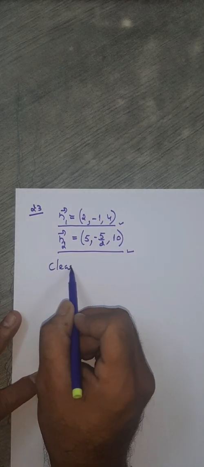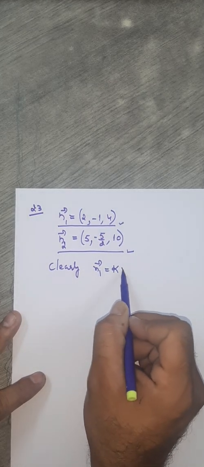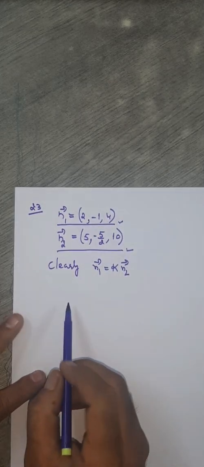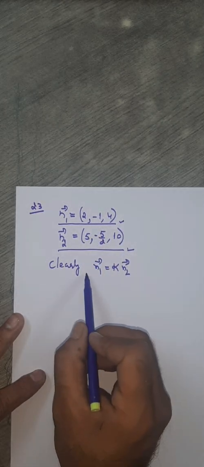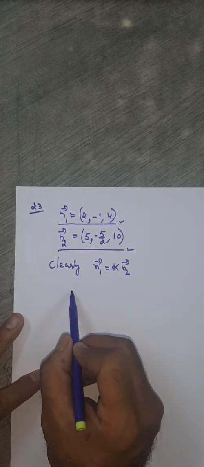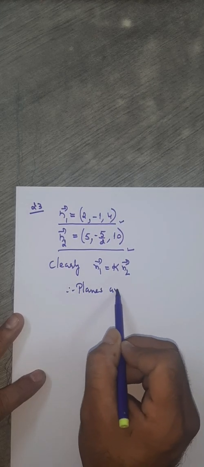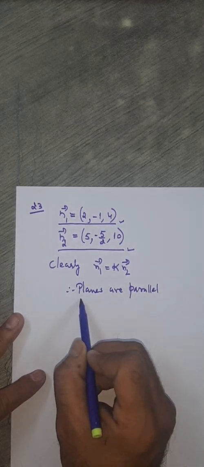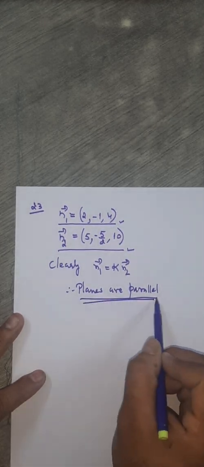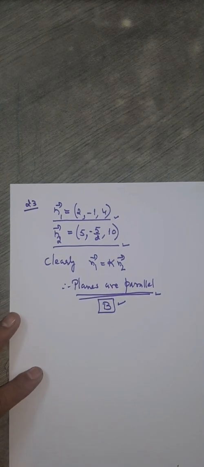So you can see clearly here that the first normal equals some constant times the other normal. You multiply this expression with something and you will get this. So the normals are multiples, and therefore what about the planes? Planes are parallel. Normals are multiples means normals are parallel, and once normals are parallel, planes are also parallel. So the option is B here.